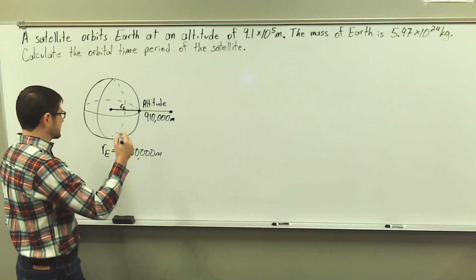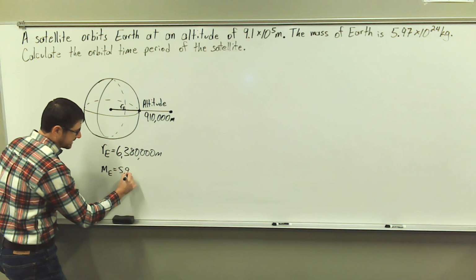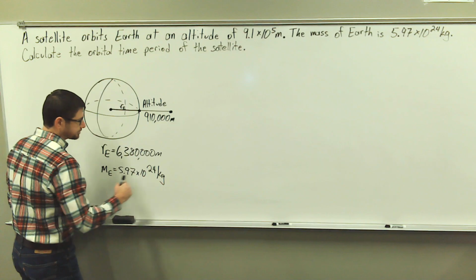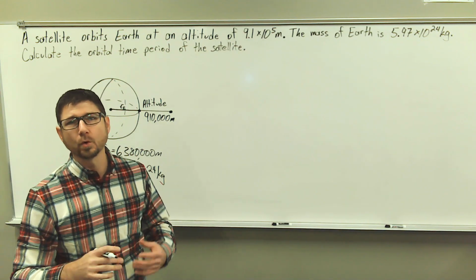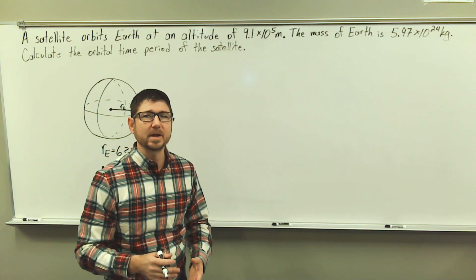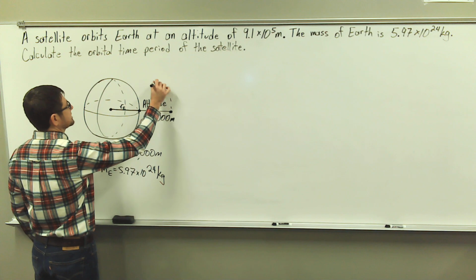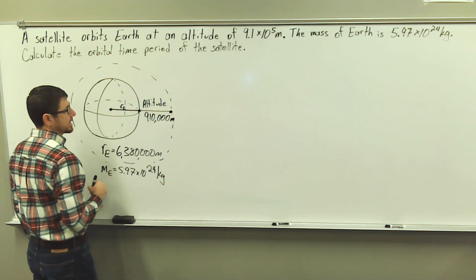So the mass of the Earth, let's write this down, mass of the Earth is going to be 5.97 times 10 to the 24th kilograms, okay? And what we want to do is calculate the orbital time period. So this represents the amount of time that it takes the satellite to orbit Earth, okay?